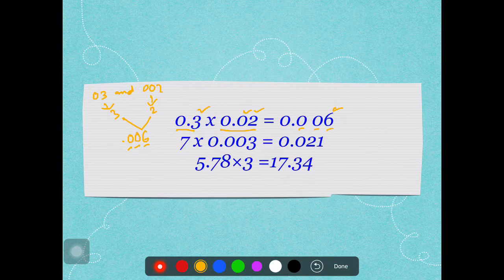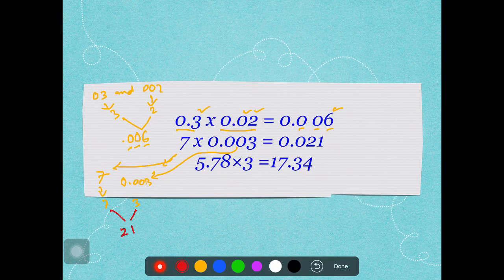Now, let us see the other example, 7 into 0.003. Here you have a 7, and here you have 0.003, and if you take only the numbers, you have 7 and 3, and if you multiply them, you get 21, right?